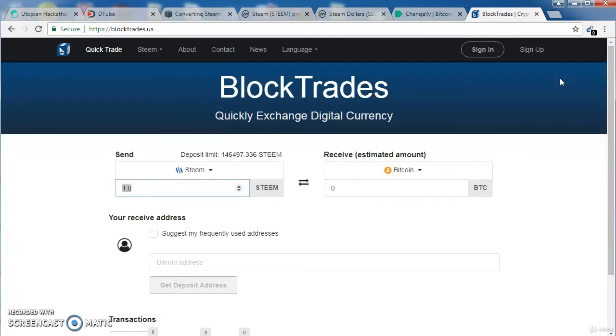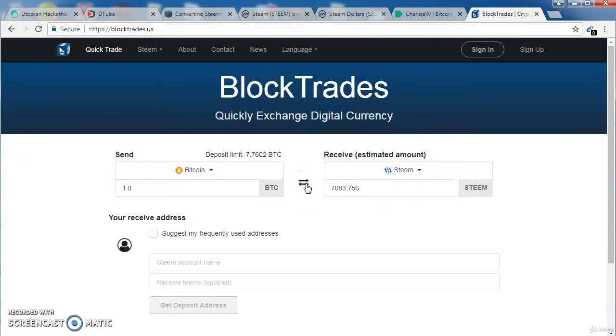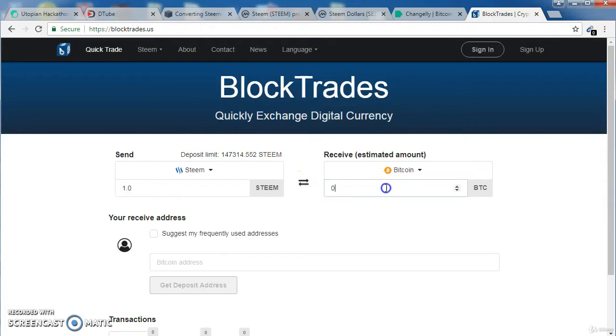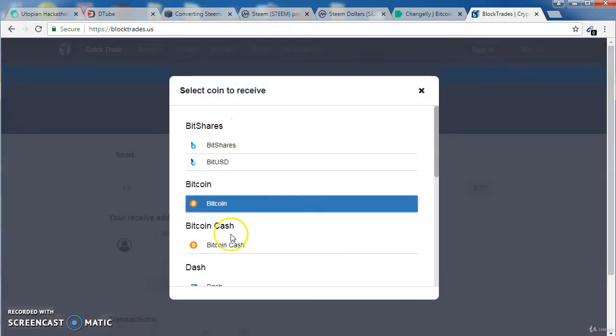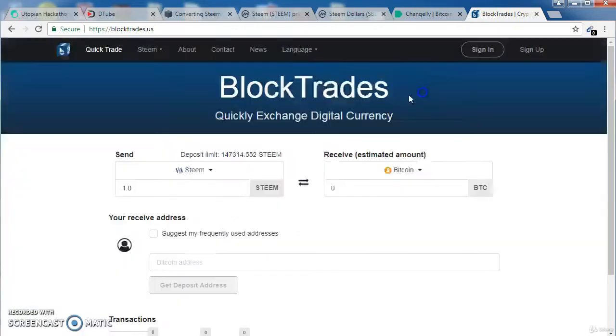Then they'll give you an estimate of what you will receive. For example, if we write 53 Steem, you'll get 0.0065 Bitcoin based on current rates.